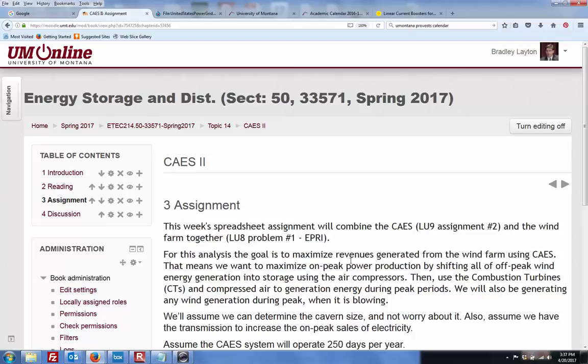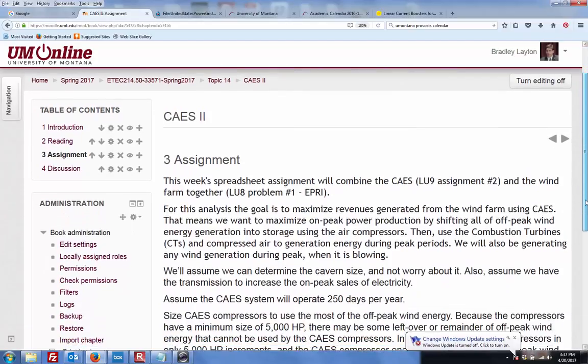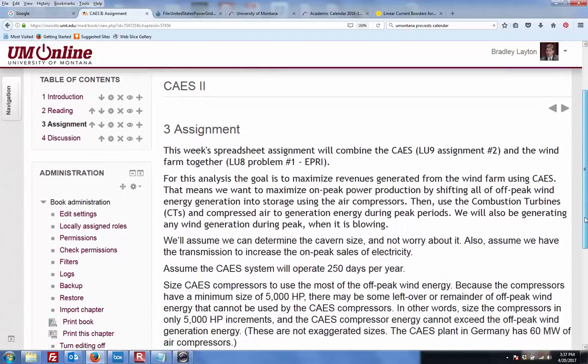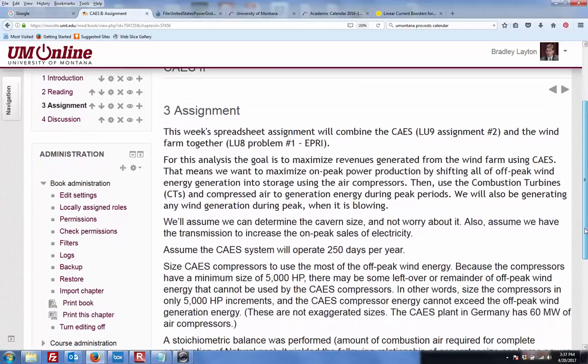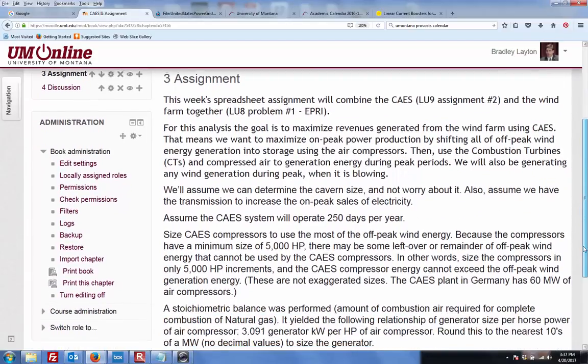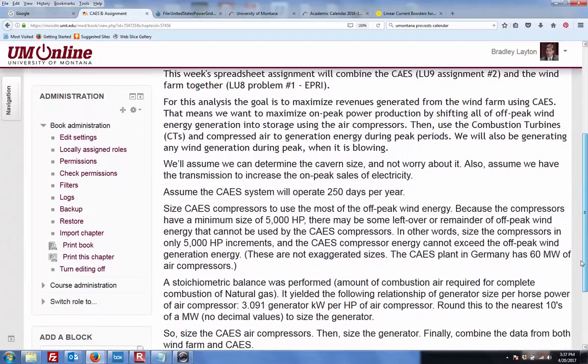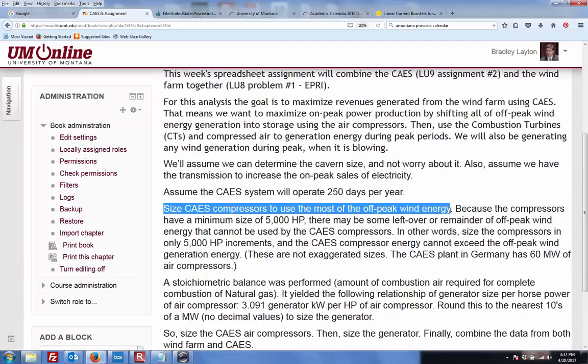We'll assume we can determine the cavern size and not worry about it. Also assume we have the transmission to increase the on-peak sales. Assume it's going to operate 250 days a year. Size the compressors to use the most of the off-peak wind energy.